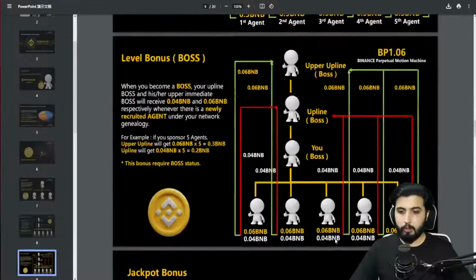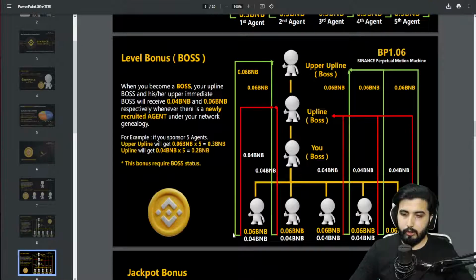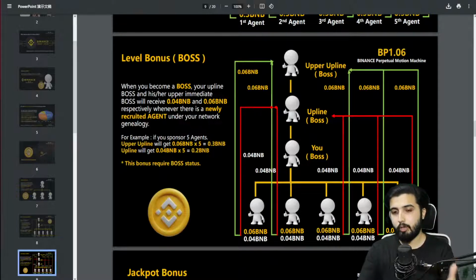Let's say you refer 5 new agents, you can actually see where it all goes. There's 0.06 BNB that the upper upline boss gets for every agent that you refer. So if you multiply 5 by 0.06 BNB, that becomes 0.3 BNB.